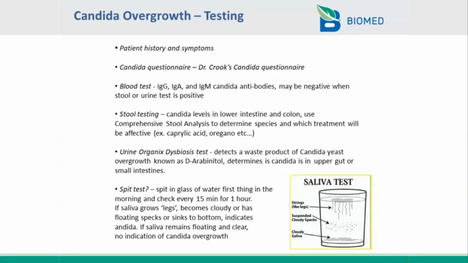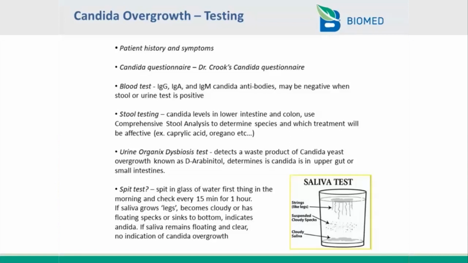The urine organics dysbiosis test looks for waste products from Candida overgrowth. And then there's also the spit test. I don't know if the spit test is super accurate or not, but I've heard lots of people using it, and it's really easy. You can do it in clinic or have people do it at home. Basically, you spit first thing in the morning and then check every 15 minutes for an hour to see if the saliva grows legs, if it becomes cloudy, if it's sinking or floating, and if it remains clear or gets cloudy.